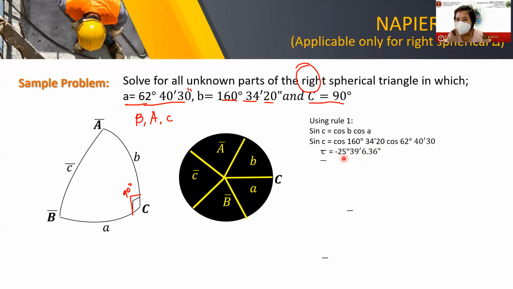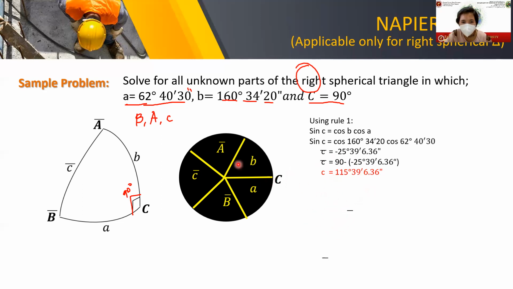This is not yet the value of the angle C. To compute the value of angle C, we need to subtract this by the complement, which is 90 degrees. So therefore, yung ating C ay 90 minus the value of C bar. So C now is equivalent to 115 degrees, 39 minutes, and 6.36 seconds.